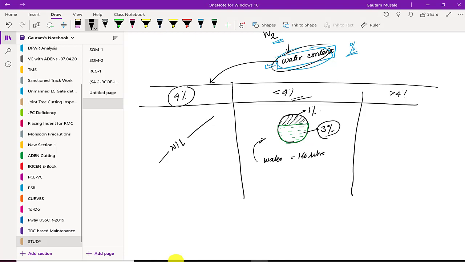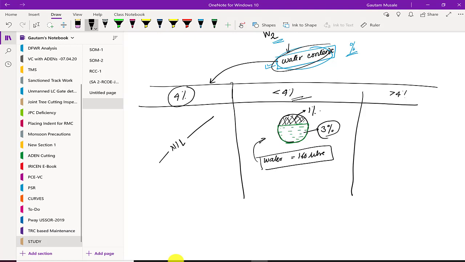Did you understand? I repeat it once again. When you add this water of 160 liters, a part of it is going to be utilized so as to make this aggregate conform to SSD condition by filling up this space. In other words, can I say that a lesser amount of water will be available to my concrete mix for the hydration process? Yes, I will have a lesser amount of water for hydration. That means my strength is going to be affected, as my hydration process will be affected, and there will be many other things as well.